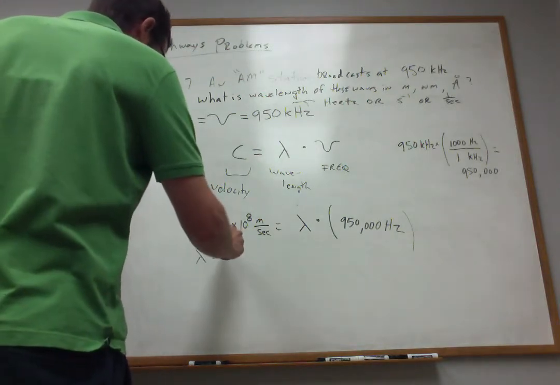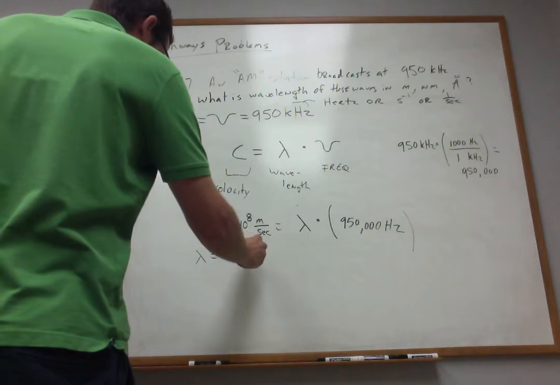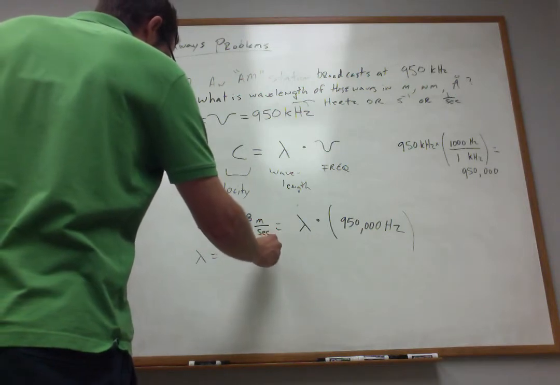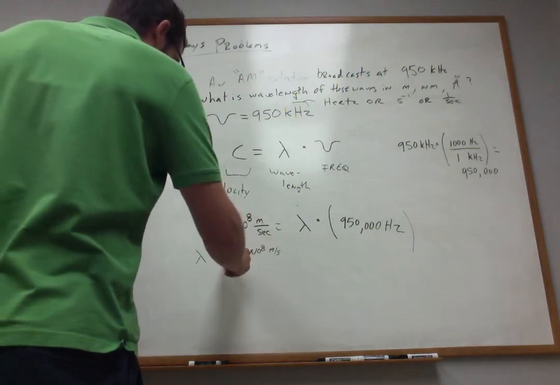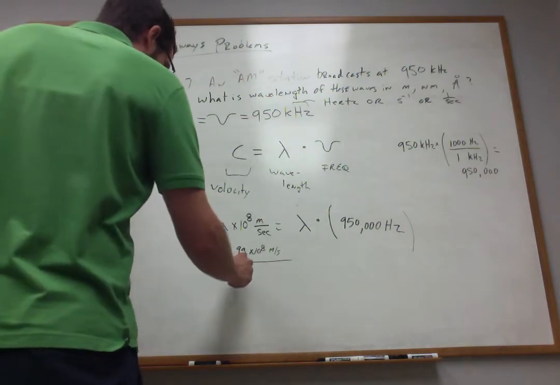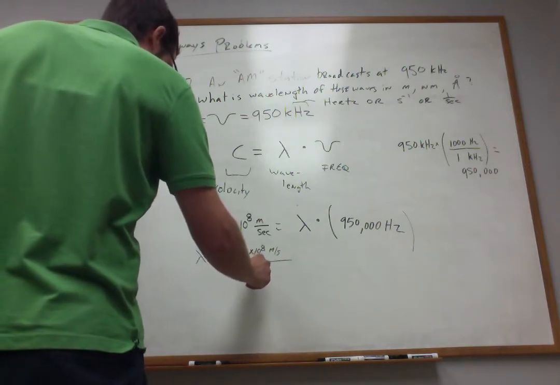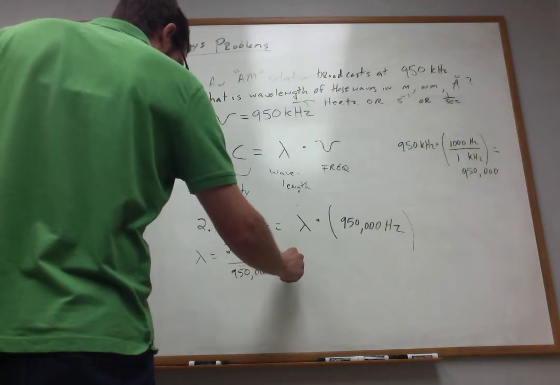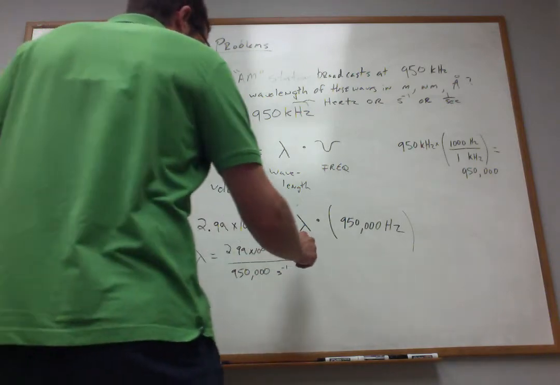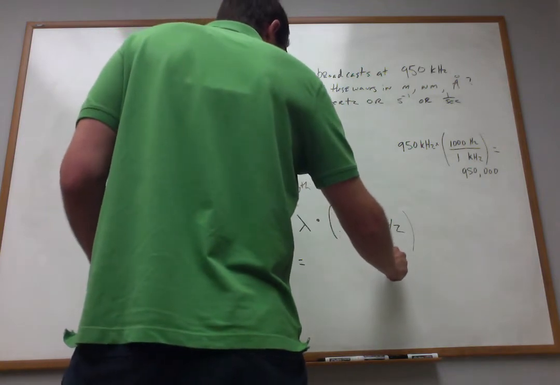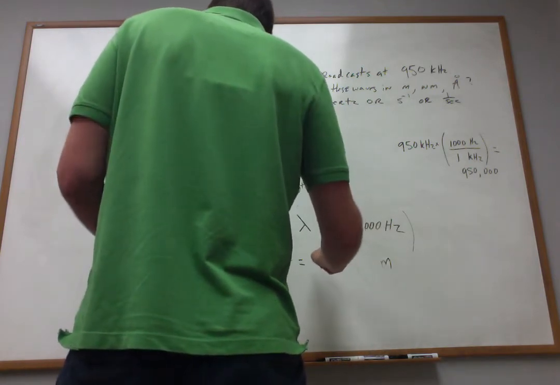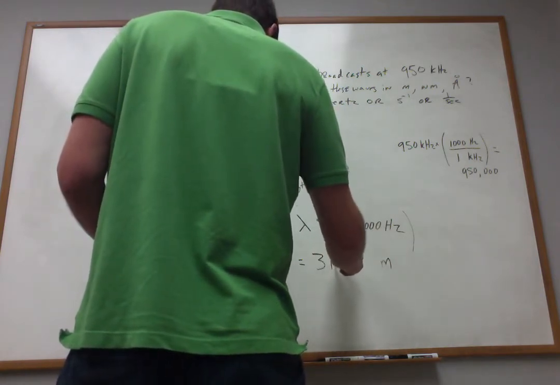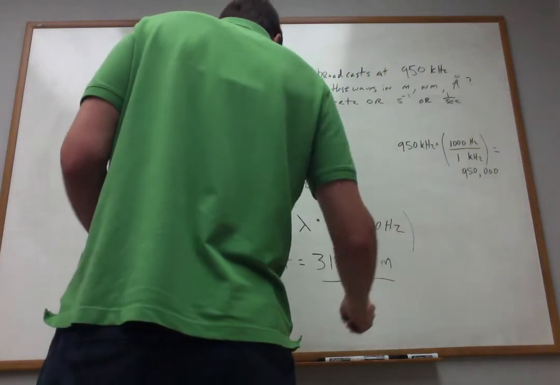I just take my c value, my 2.99 times 10 to the 8th meters per second, and I divide that by my 950,000 per second, seconds to the minus 1. Second units cancel, and I'm left with about 316 meters.